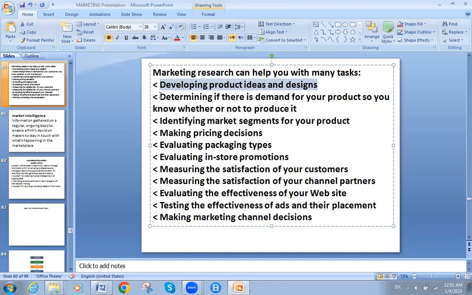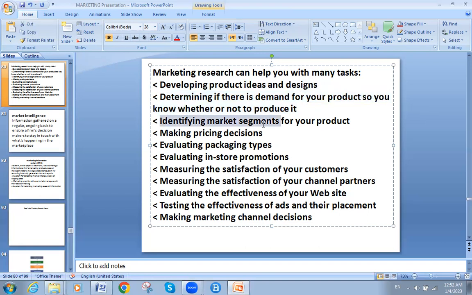So in all cases, we are always trying to get information about the product, whether it lacks one of the consumers' needs, and what it needs for improvement. Determine if there is demand for your product, so you know whether or not to produce it. You will also know from marketing research whether your product is highly demanded or not.